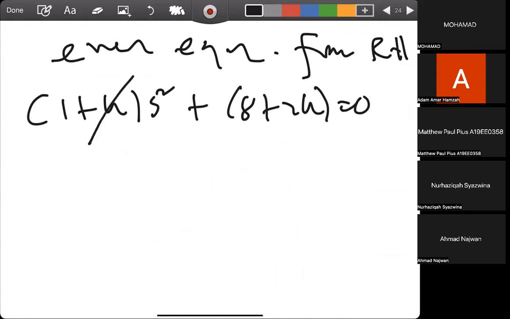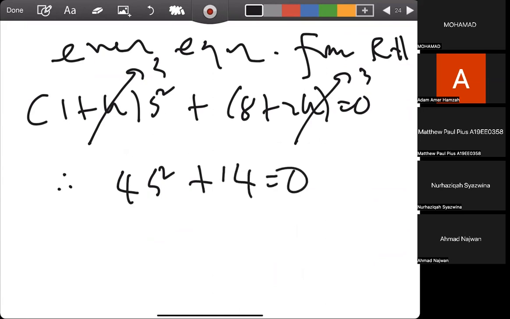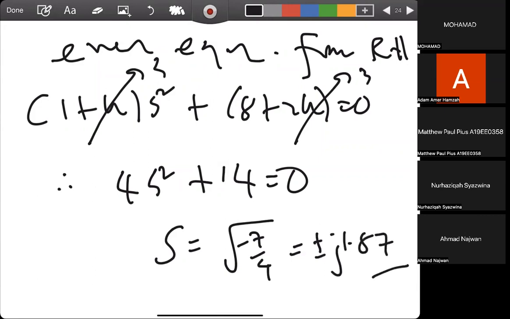So enter this value as 3. Simplified, you get 4s squared plus 14 equal to 0. So s is equal to plus minus j 1.87. Sammy, you said 1.88, so more or less, close value. Proven by observation and by calculation.